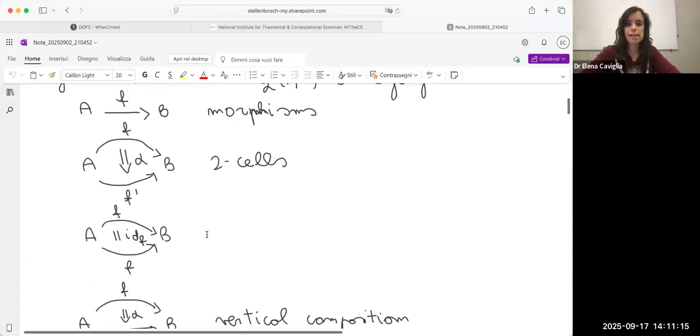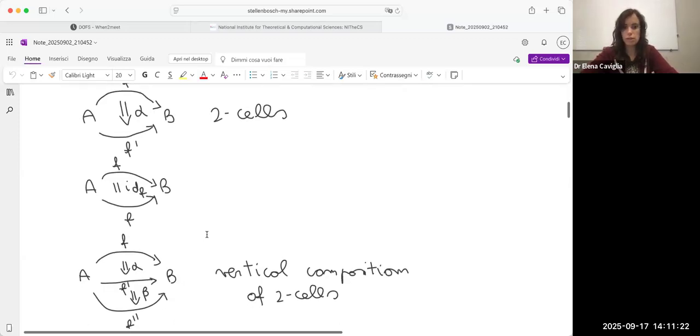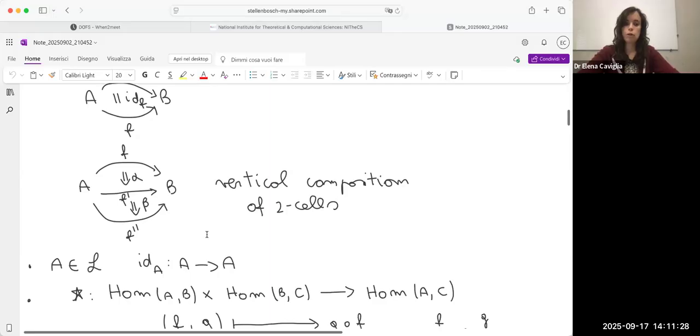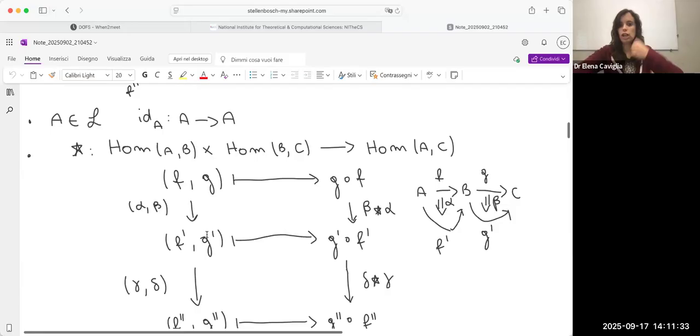And since we have two cells, we need a way to compose two cells. Actually, we have two different ways of composing two cells. We can compose them vertically, so we attach the two cells vertically, or we can compose them horizontally, so we put them next to each other.